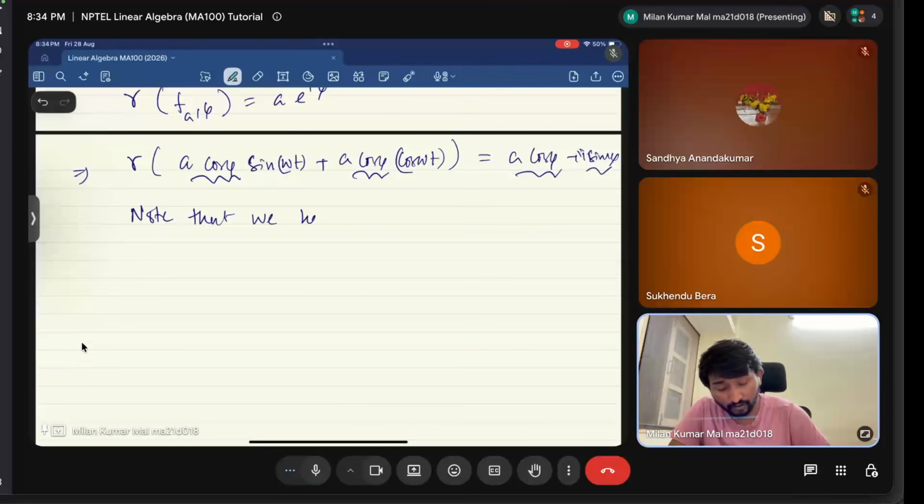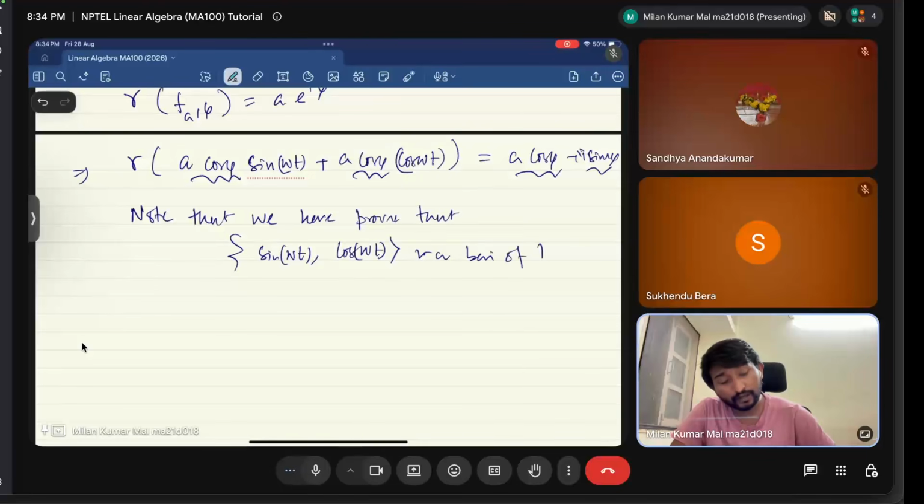Note that we have proved that the set sin wt, cos wt is a basis of the vector space W, the collection of all these functions.